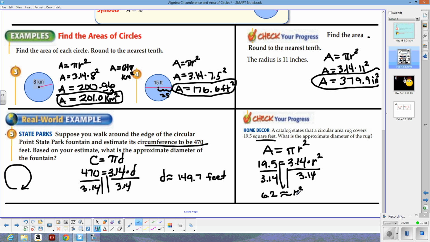Now to undo squaring, you do what's called taking the square root. The square root of both sides, it looks like this. And you'll find the square root key above the squaring key on your calculator usually. So now we're going to go ahead and take the square root of 6 2/10.